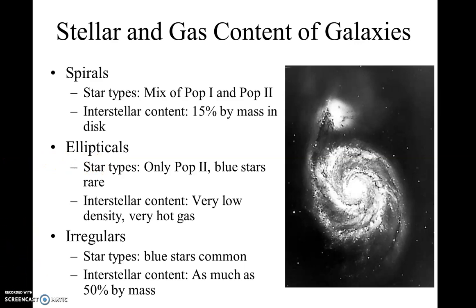So irregular galaxies, these ones down here, tend to have extremely young stars, hot blue stars. They have a lot of interstellar material. So the material between the stars, the gas and dust.